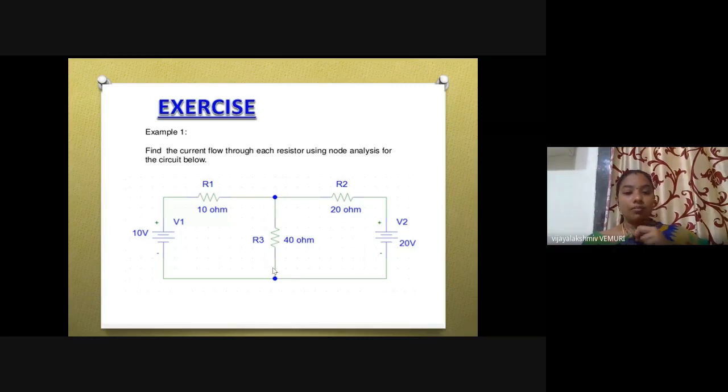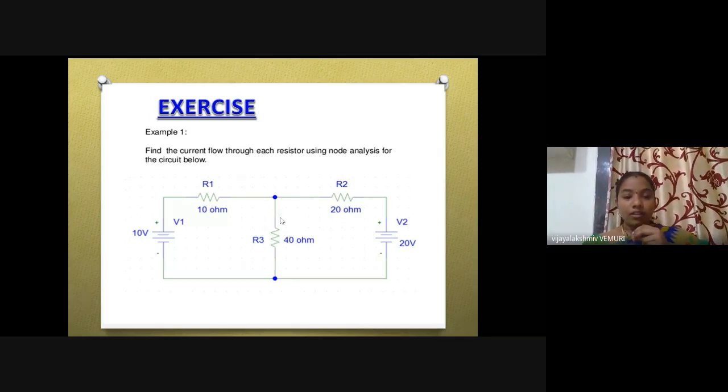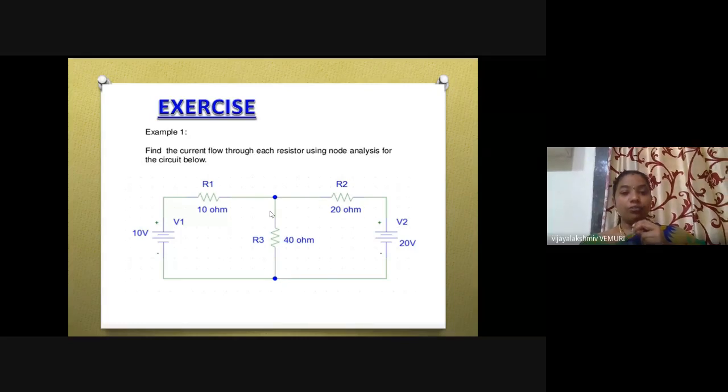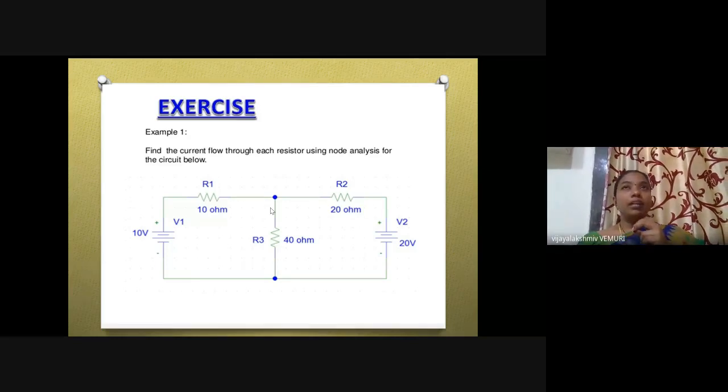The number of node equations which are possible for a circuit is equal to N minus 1, where N is the number of essential nodes. You make a note. So how many essential nodes are there? 2. 2 minus 1, only one node equation is possible here. That is my point.